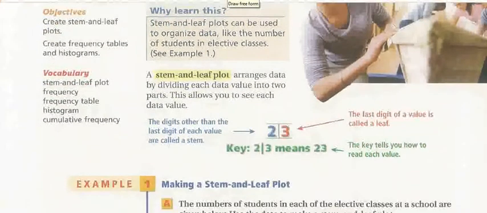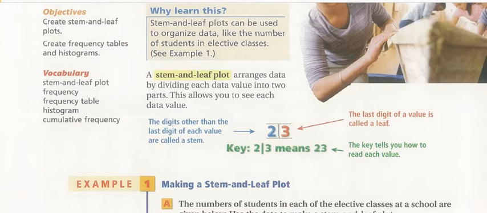If I have this number, which is 23, the first right digit is going to be the leaf, and the rest we're going to call the stem. That means in 23, the 2 is the stem and the 3 is the leaf.